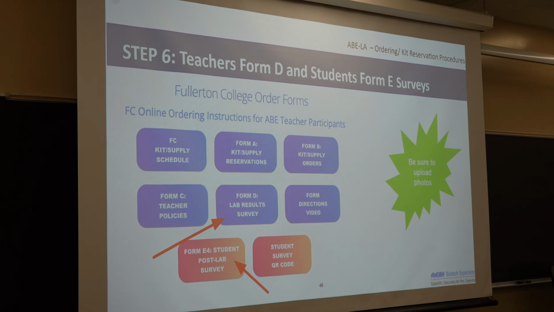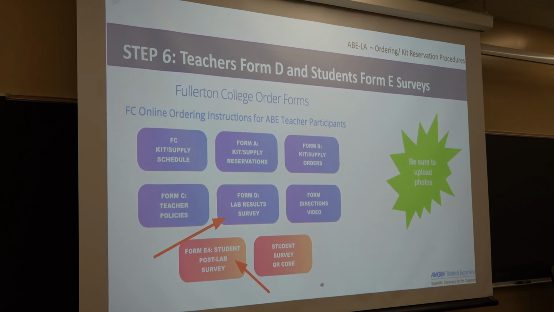We want to see how their opinions have changed on the science and whether you as teachers have informed them of biotech career opportunities and education opportunities. If you're interested, it's on the website. I'll send you guys the links in an email, like the link to the post-lab survey. I'll send it all to you before you bring your materials back.